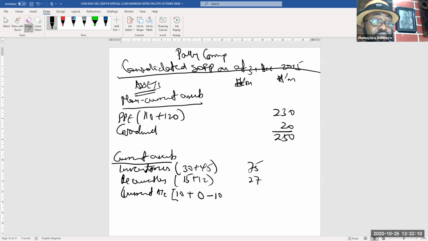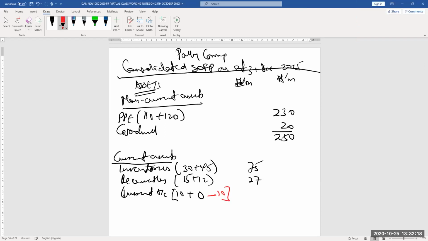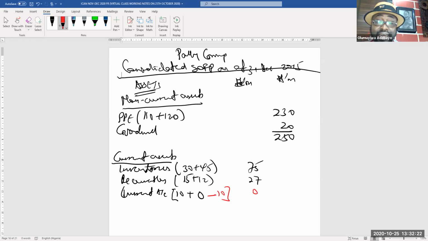Let me change the color. Can you repeat what you just said? If you credit a debit account, what are you doing? Are you adding to it or removing from it? You are removing from it. That's what I said.